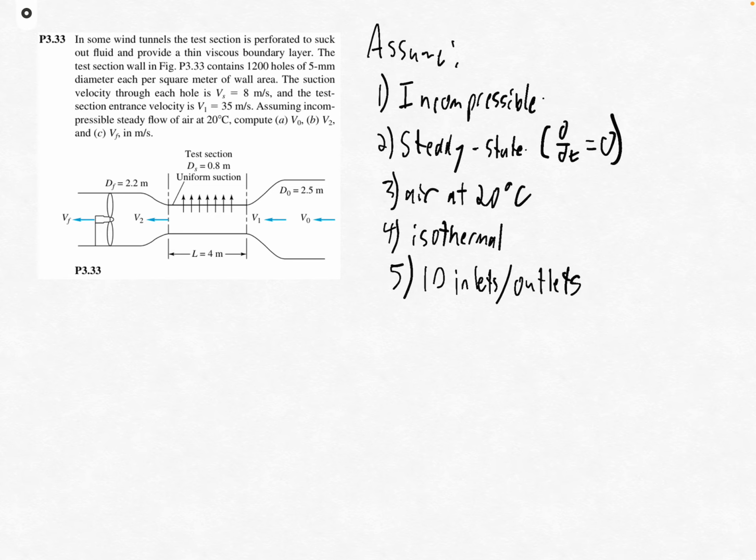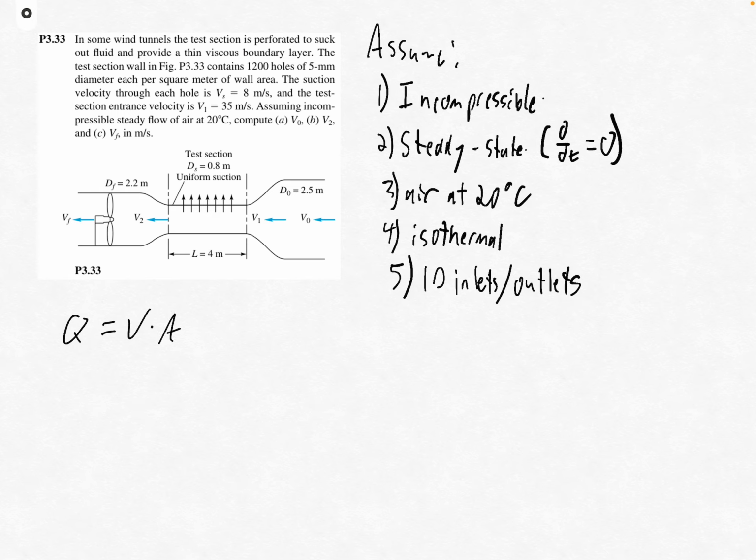And so in this case, we're going to end up with a very simple form of mass balance that we're going to be applying over and over and over again in this problem. And that's essentially that our flux through the system is constant, equal to V times A.